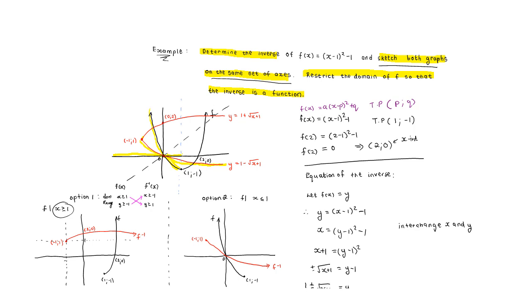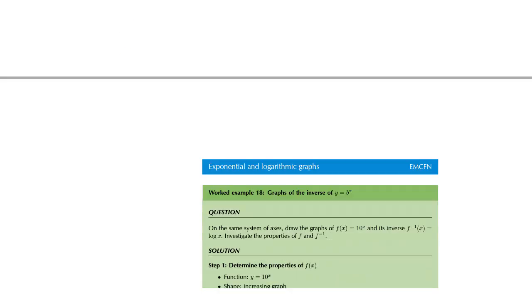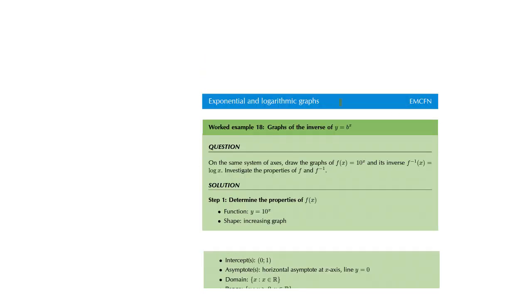So now let's wrap this video up by looking at the last function, the exponential function. A lot of people like to say that exponential and logarithmic functions are inverses of each other and they stop there.